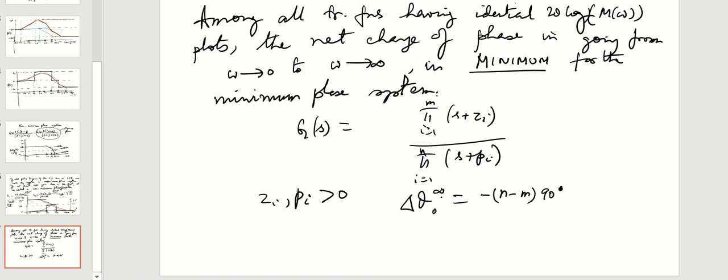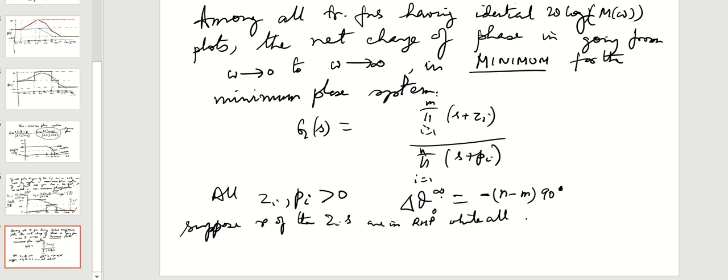Of course, you can write this with a minus sign also. Yeah, so usually n is greater than m. So the net change is this. Now suppose r of the zi's, so this was this. So suppose all r of the zi's are in RHP while all n pi's are in LHP. What happens then?